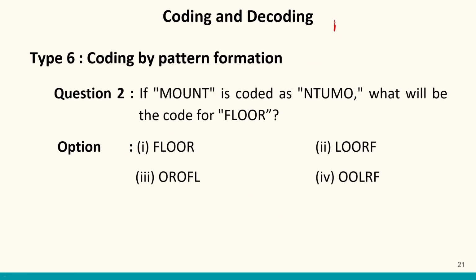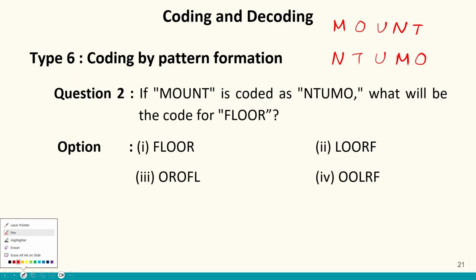Now let's do the same thing for mount. So here let me number them. Numbering is also a technique that you can use to find out coding by pattern formation. Let's see, this is the number. And over here, we get something like this.